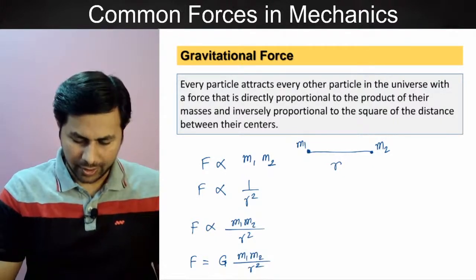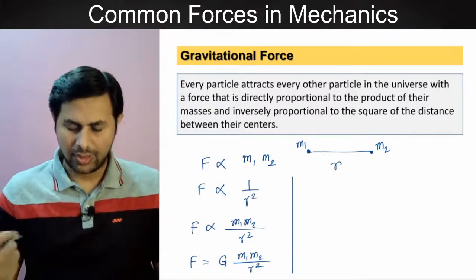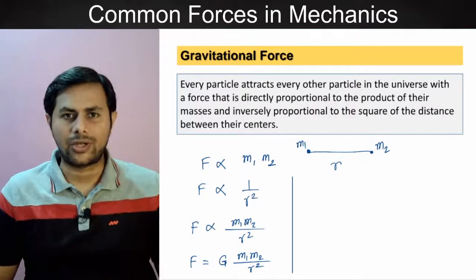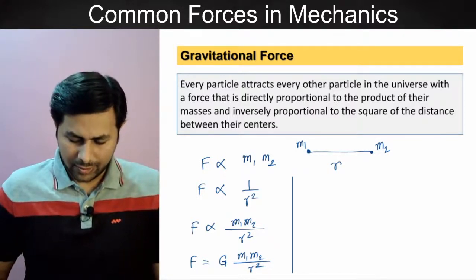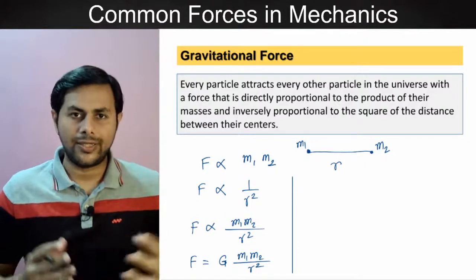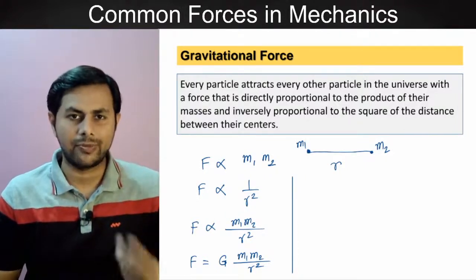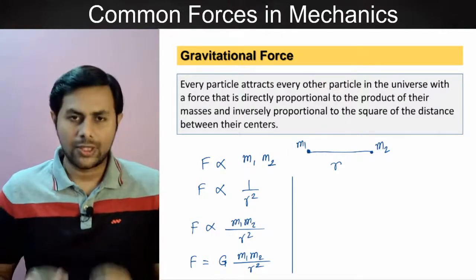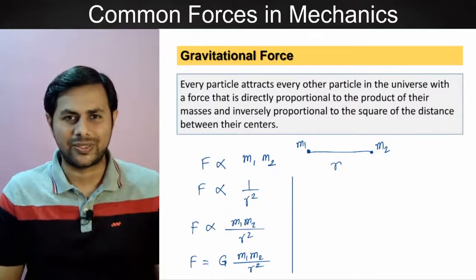Okay, so now this constant is known as the universal gravitational constant. It means that why is this constant known as the universal gravitational constant? It's because this constant is constant everywhere in the universe.